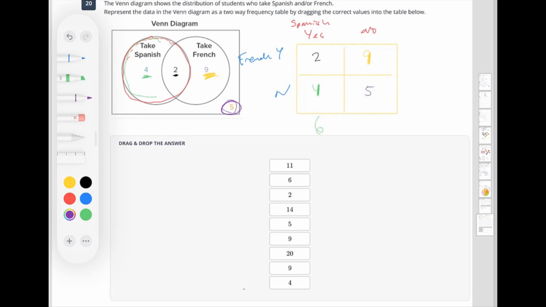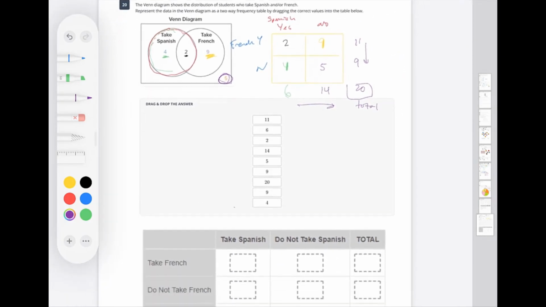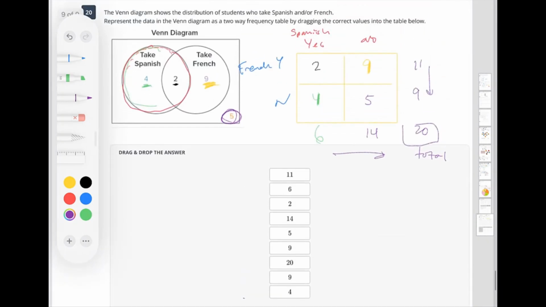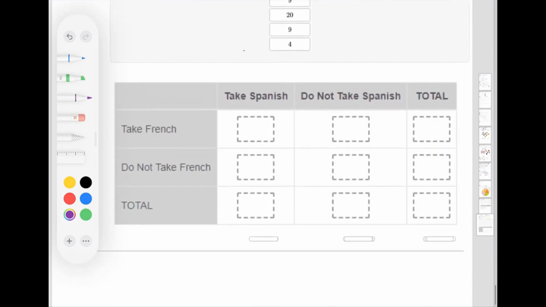So 9 plus 5 is 14, and you can just add up going across, and you'll notice that the numbers going this direction and this direction represent the total. Okay, so that's my total there. And that's how you would fill it out. There's no questions associated with it.